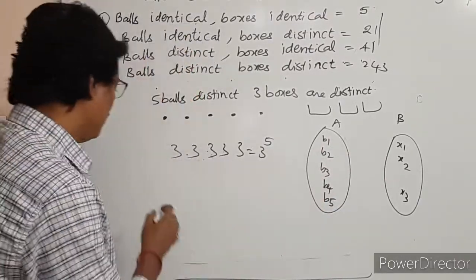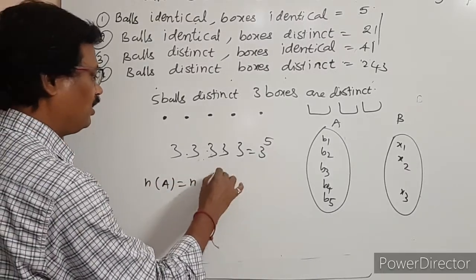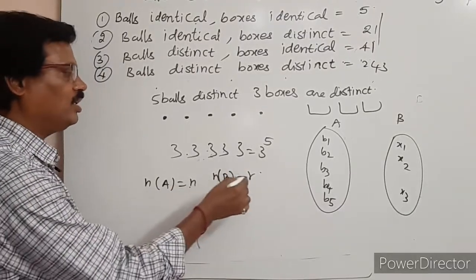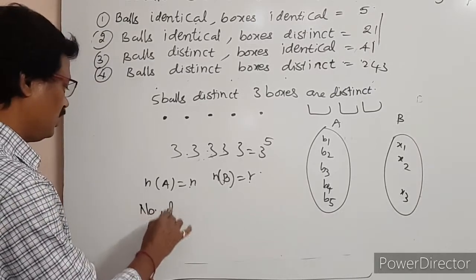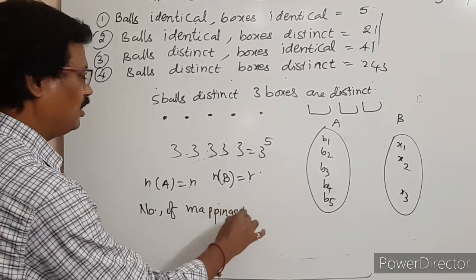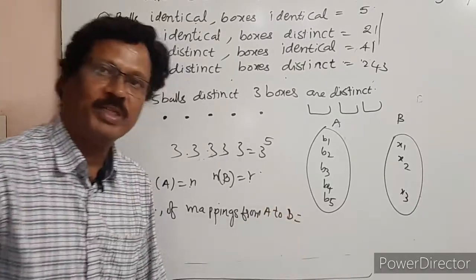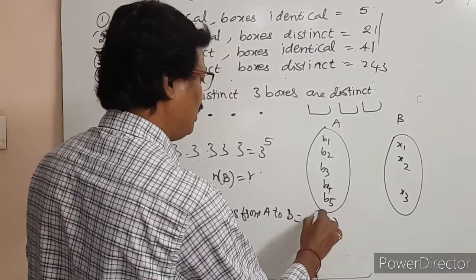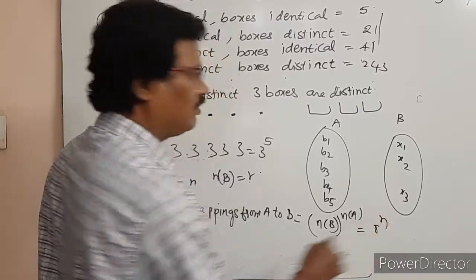Now, this is a set A containing n elements, set B containing r elements. The number of mappings from A to B is n(B) power n(A), that is r power n.